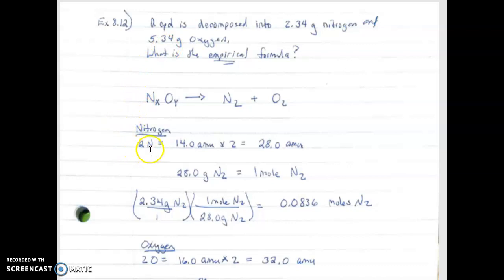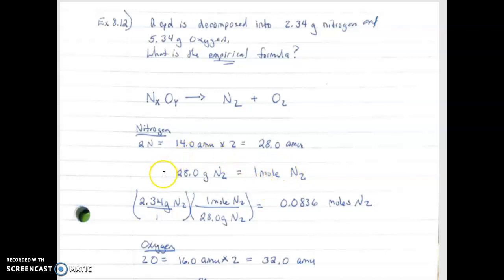If I have 2 atoms of nitrogen and I look at my periodic chart, one nitrogen atom has a mass of 14.0 AMU. Since I have 2, I multiply by 2, and the mass of 2 nitrogen atoms is 28.0 AMU. This tells me that if I weigh out 28 grams of nitrogen in the lab, in that 28.0 gram nitrogen sample, I have 1 mole of nitrogen molecules.